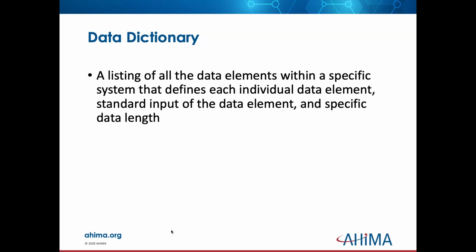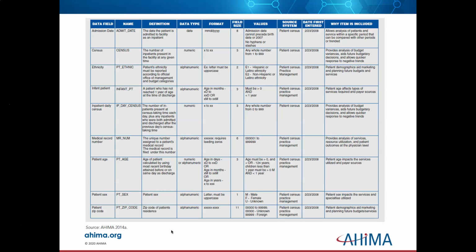How is it going to be put in the system, and how many spaces do you have to do this, and what kind of element is this going to be? Is it going to be a drop down list? Is it going to be a radio button? Is it going to be free text? It really helps to have this data dictionary, but it can be challenging to create.